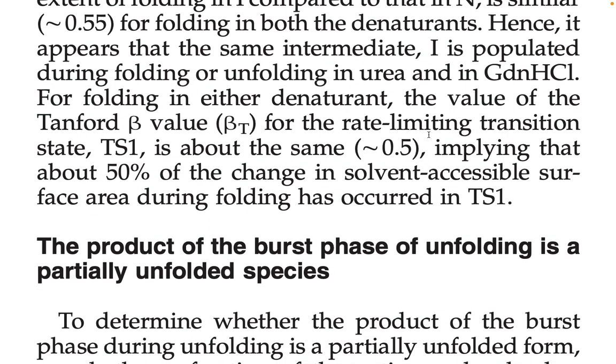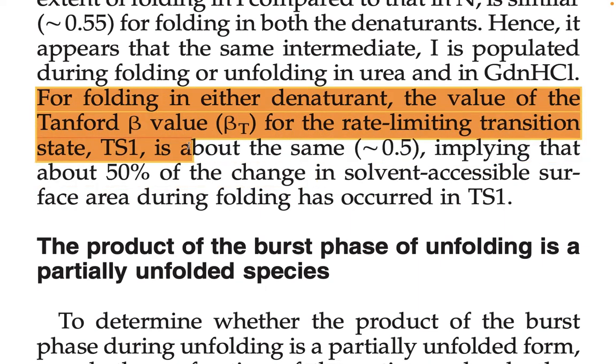For folding in either denaturant, the value of the Tanford value for the rate limiting transition is about the same, implying that about 50% of the change in solvent accessible surface area during folding has occurred in TS1.